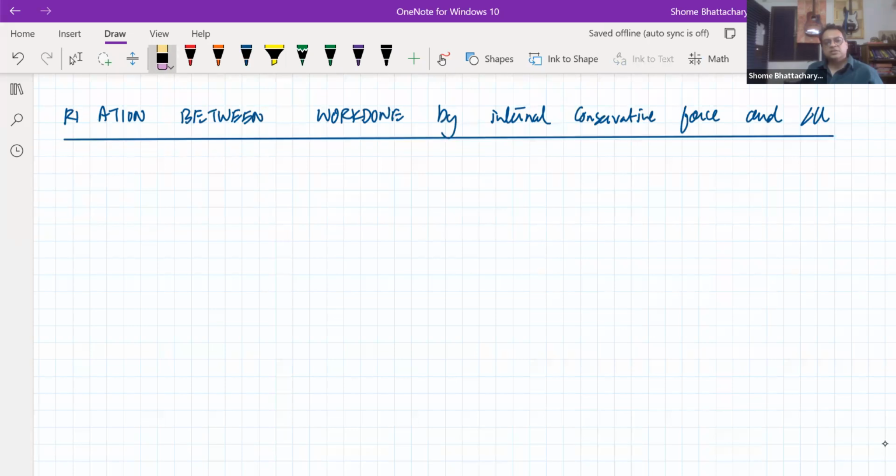So let's understand this, which is a more general way to calculate delta U compared to what we have done before.